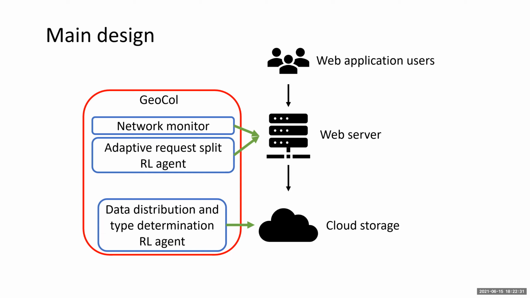The first is the adaptive request split RL agent, which splits the request into a different number of sub-requests and then determines the destination for each sub-request. The second reinforcement learning agent determines the data object distribution and the data storage type.